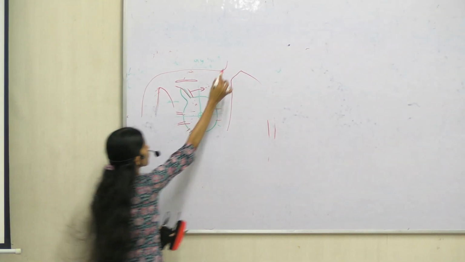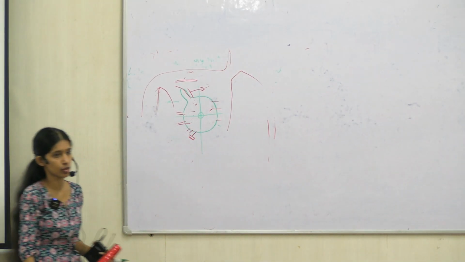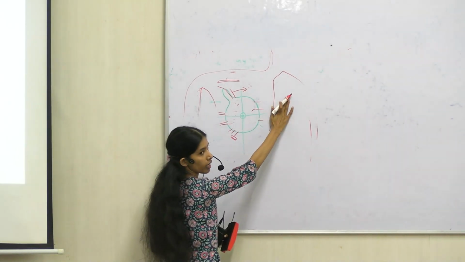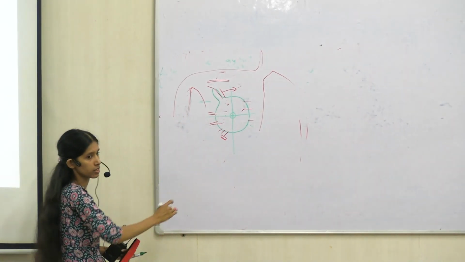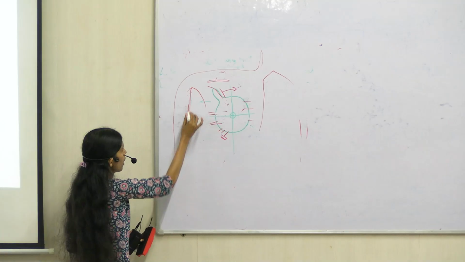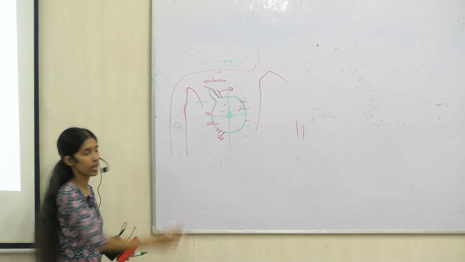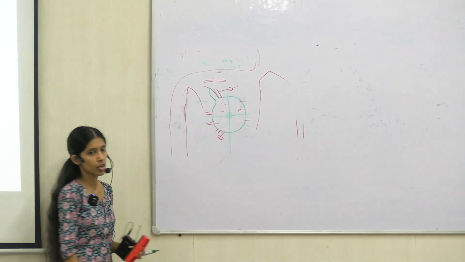Okay, now just imagine this has the body region only. Okay, this will be the thoracic region and this will be the axilla region and this is your arm. Okay, and this is the axilla region.